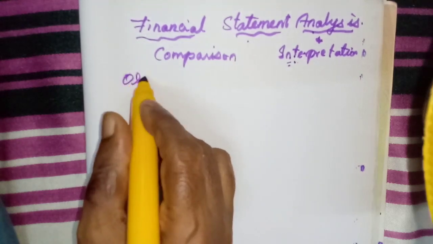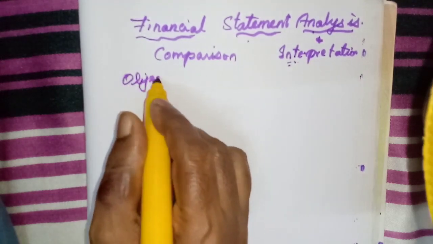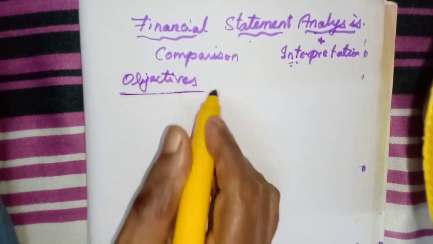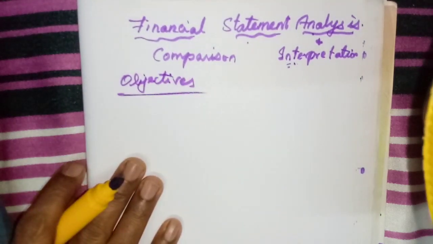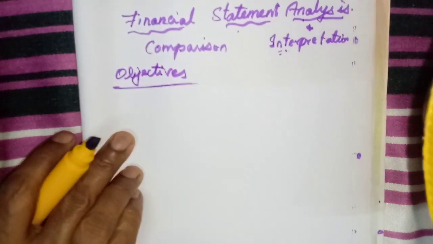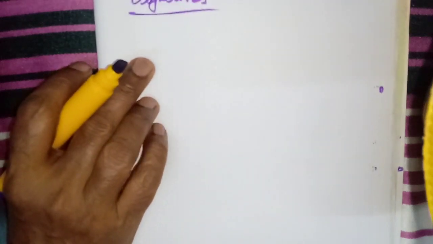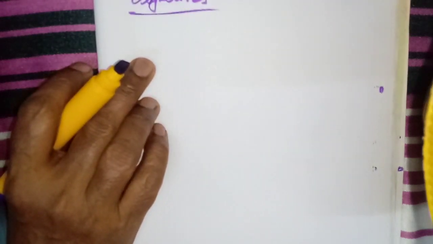Now, what are the objectives of preparing this financial statement analysis? We can analyze the profitability, or the earning capacity of the business, comparing the gross profit and the net profit. Then the solvency position of the concern, which may be either short-term solvency or long-term solvency.